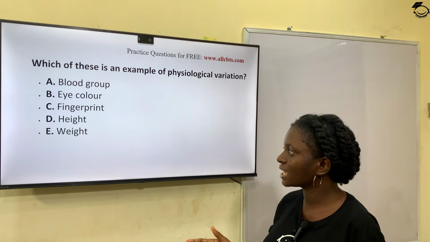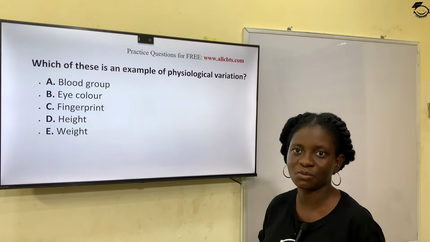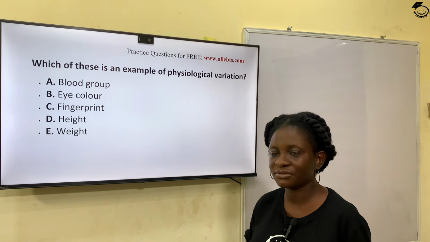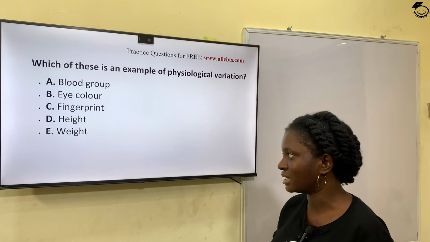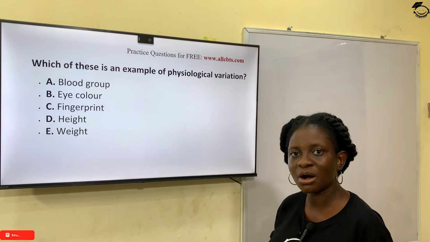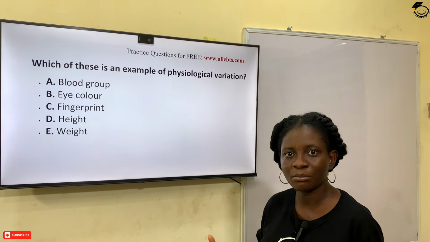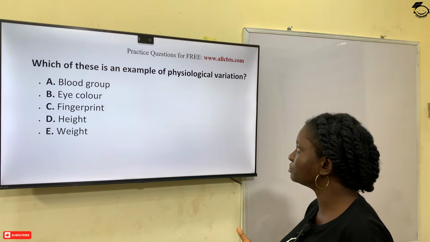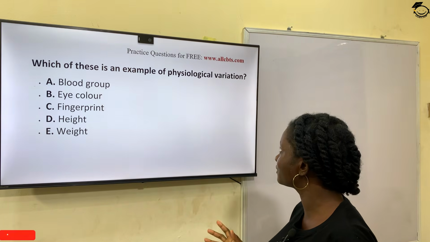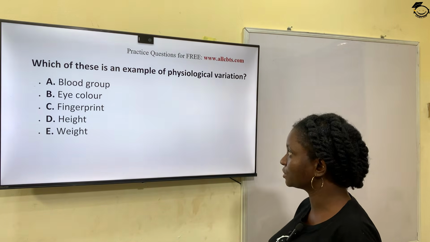Eye color, fingerprint, height, and weight are things you can see and observe physically, outward appearance. But blood group is related to how the internal blood functions. So the correct answer is option A, blood group, a physiological variation.